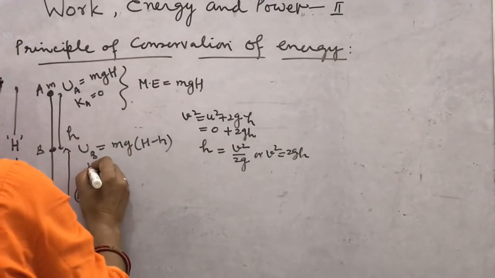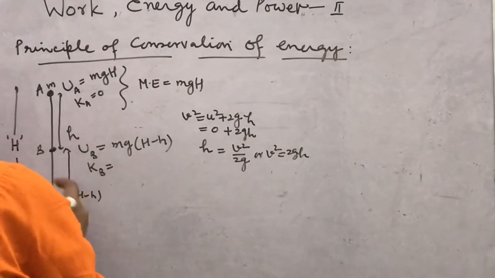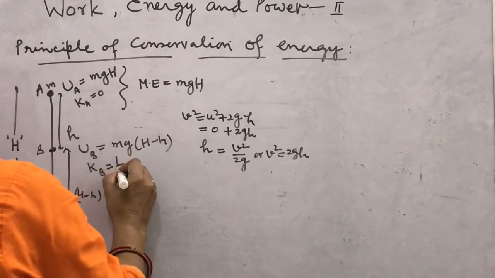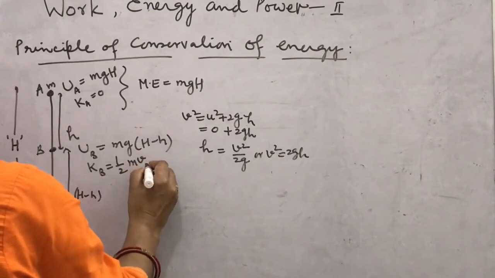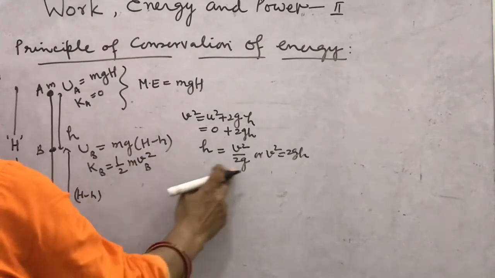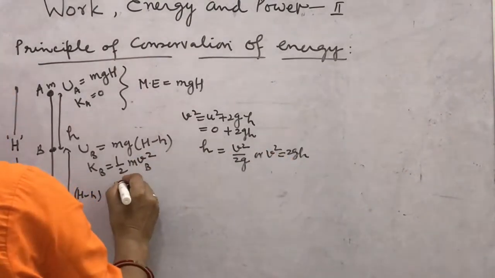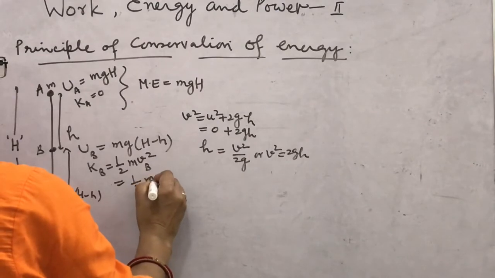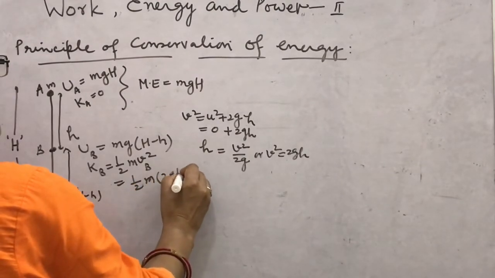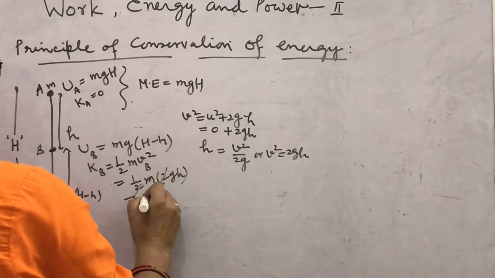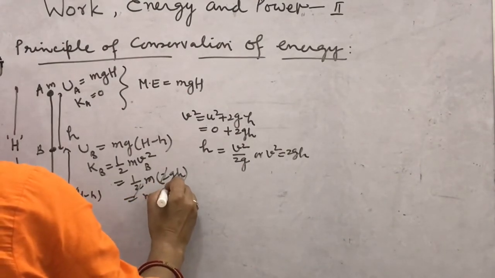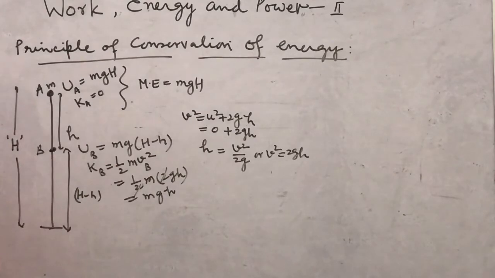What is the kinetic energy formula? Half mv square, where v is the speed at point B, and v square is 2gh. So half m into 2gh, the 2 and 2 cancel, and we get mgh.